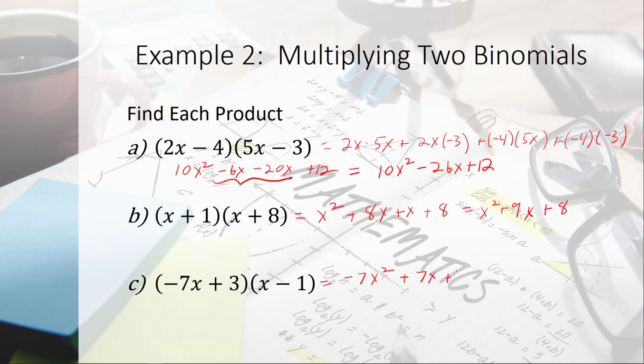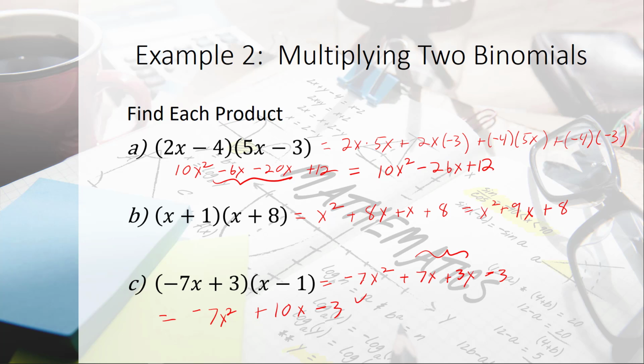So not much more you can do with that. And then 3 times negative 1 is negative 3. Once again, we need to simplify by combining the inner terms because they are like terms, and that will give us negative 7x squared plus 10x minus 3. And that would be the answer for example 3.